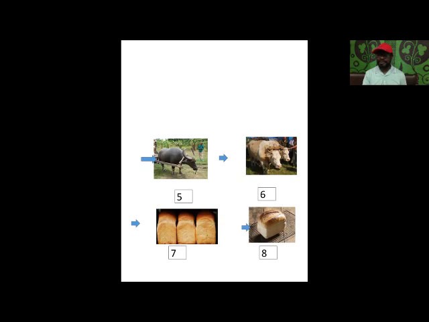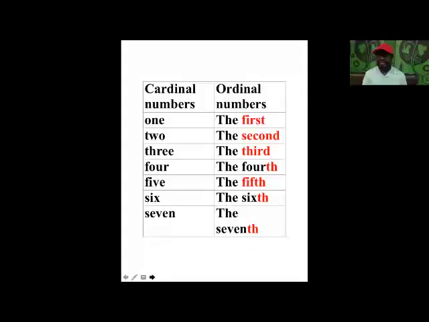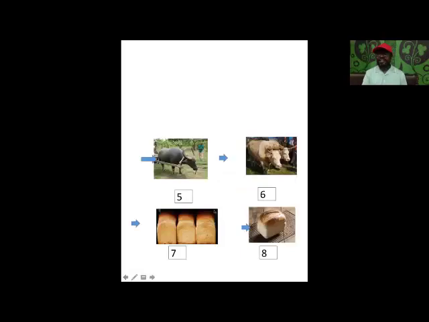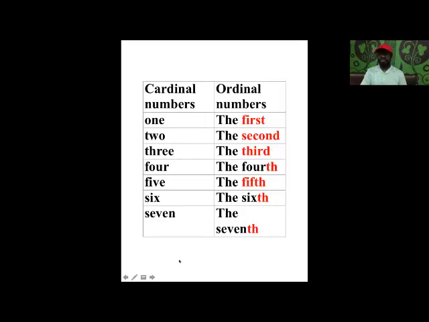Very powerful. It cannot produce. It is called ox. Ox, oxen. Make the sentence. Loaves, loaf. Write down the sentences. Pause the video and start writing.